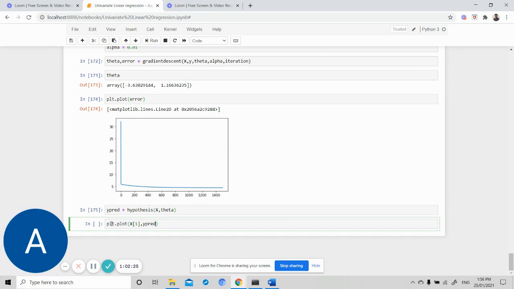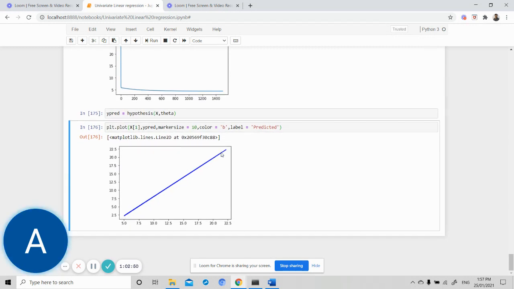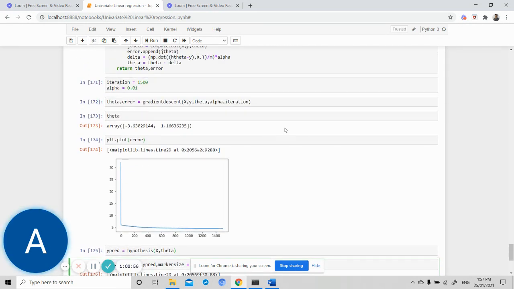So y predict comma, suppose my marker size, comma color is blue, comma label is 3D pixels. So this is my linear regression line for univariate linear regression. So this ends my equation.